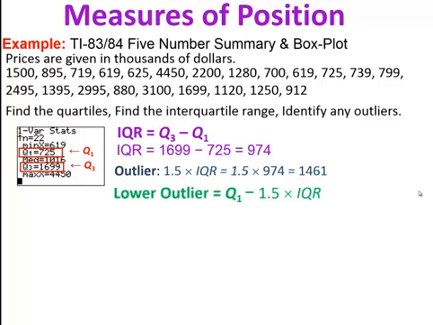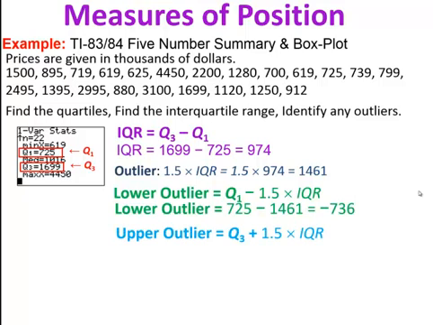Now I want to look for my lower outlier by taking 1,461 and subtracting it from my Q1. My Q1 is 725, and I end up with a negative value, negative 736. So there are no values in my data set lower than that, so there are no lower outliers.